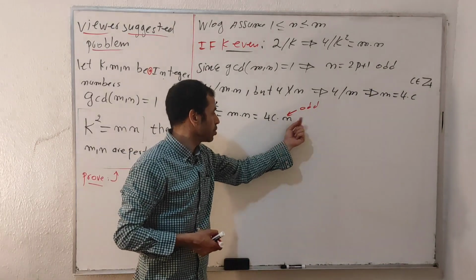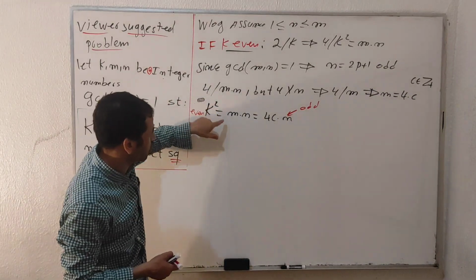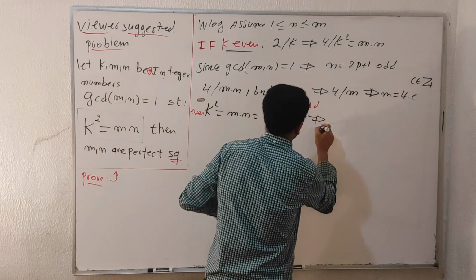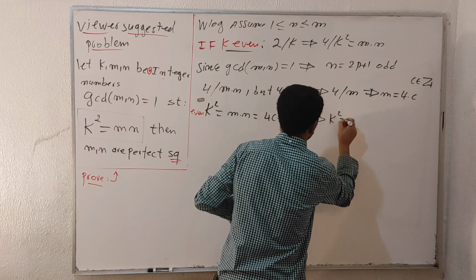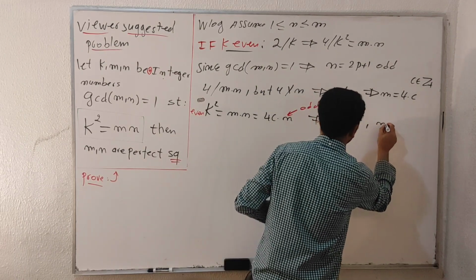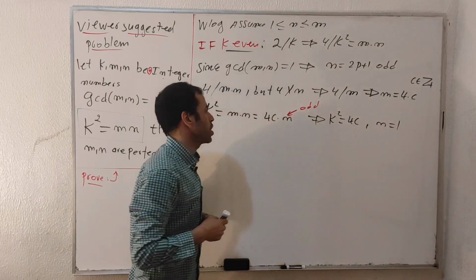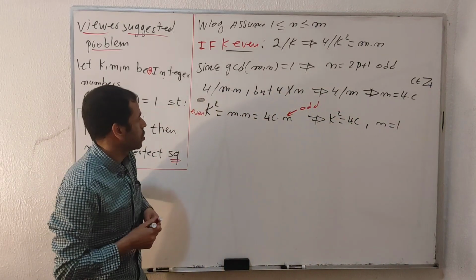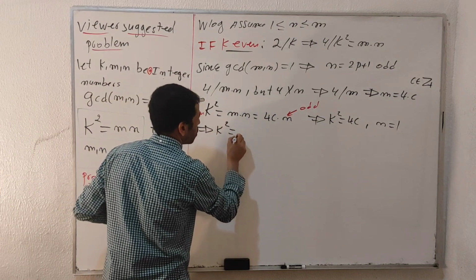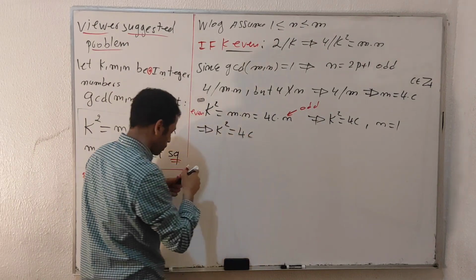But n is odd, which means k squared is taking the whole 4c. So k squared equals 4c as an even number, and n equals 1 because n is odd.